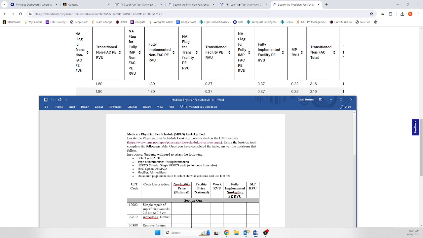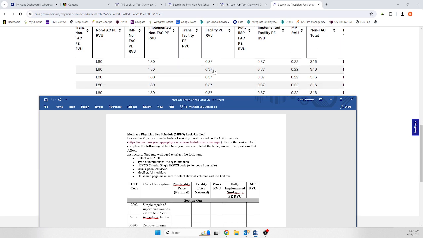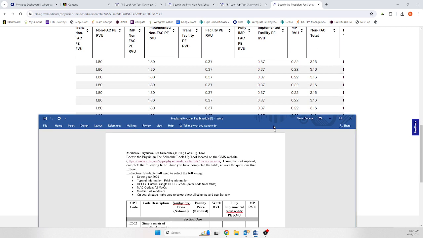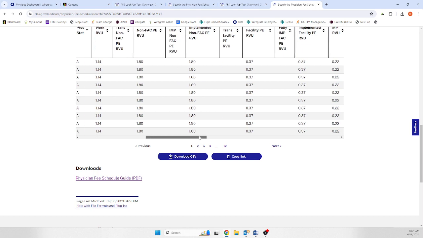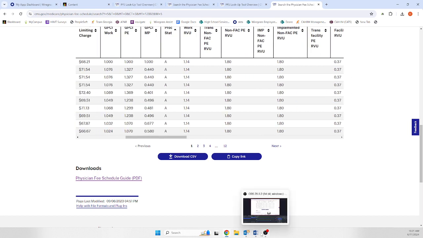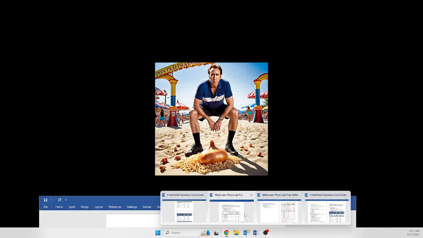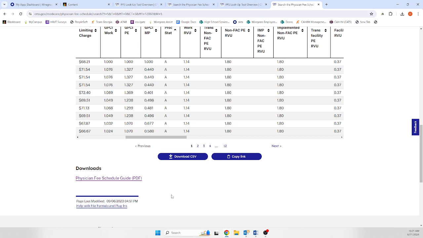Then I'm going to have to scroll back. So all I'm doing is filling in these numbers directly from this chart.